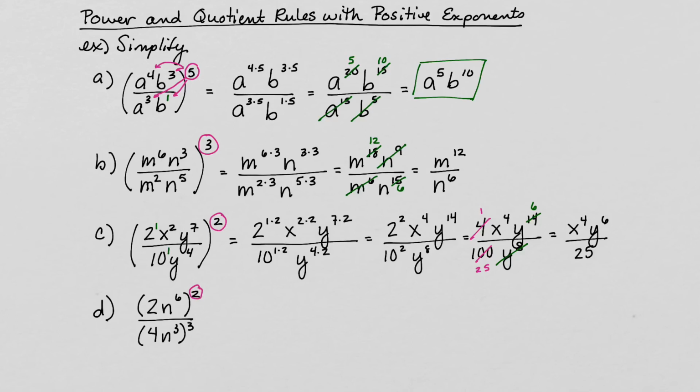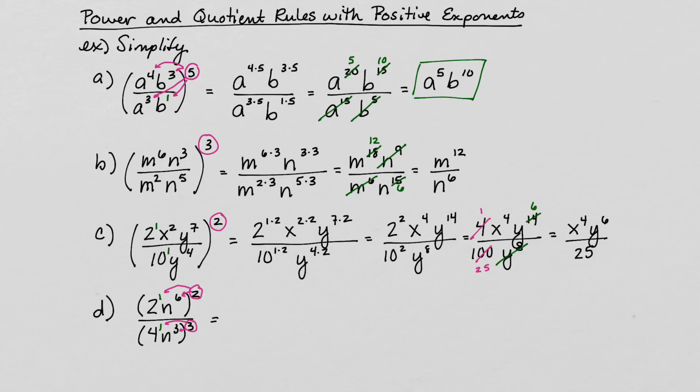So again, remember that this 2 has a first power, this 4 has a first power. So this 2 has to be distributed and multiplied times both the 1 and the 6. This 3 has to be distributed times the 1 and the 3.